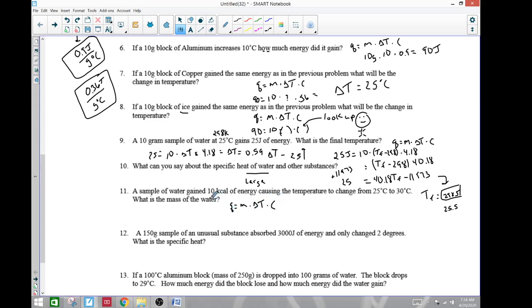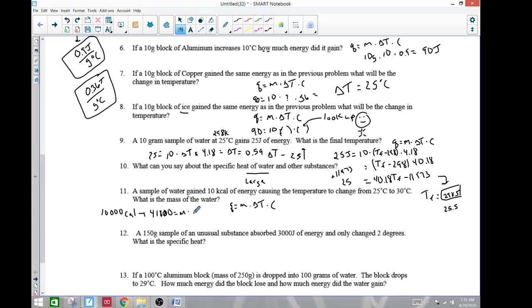My energy is 10 kilocalories, so that's 10,000 calories, which times 4.18 is 41,800. Equals the mass of the sample of water gained. We're looking for the mass.